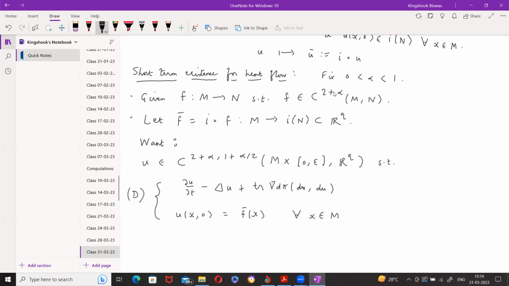Earlier I was calling the map taking values in RQ, U bar. But for simplicity, I'm just going to call that map U, okay? But this is a map taking values in RQ, all right? Okay. So I want this equal to 0, right? For X, t in M cross 0 epsilon. Yeah, this is what we want, right? Yes?